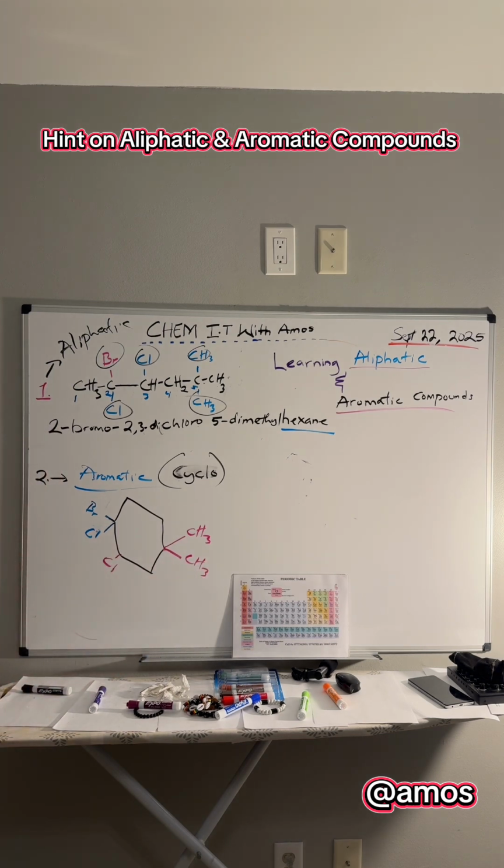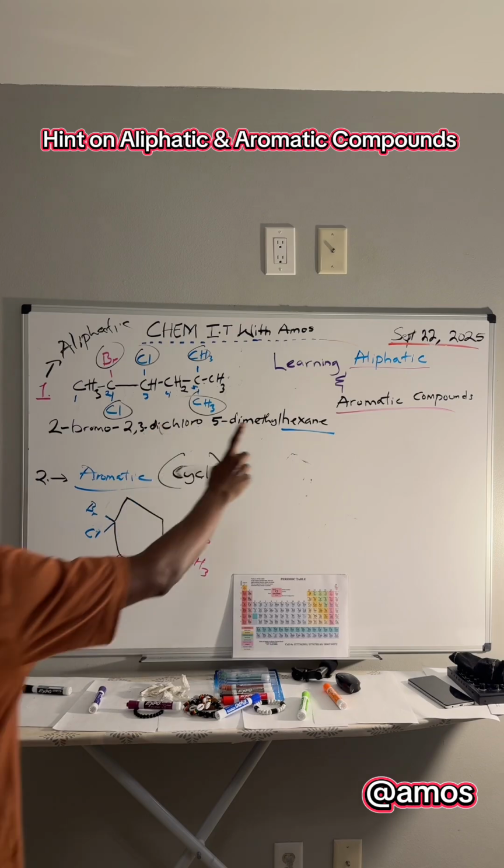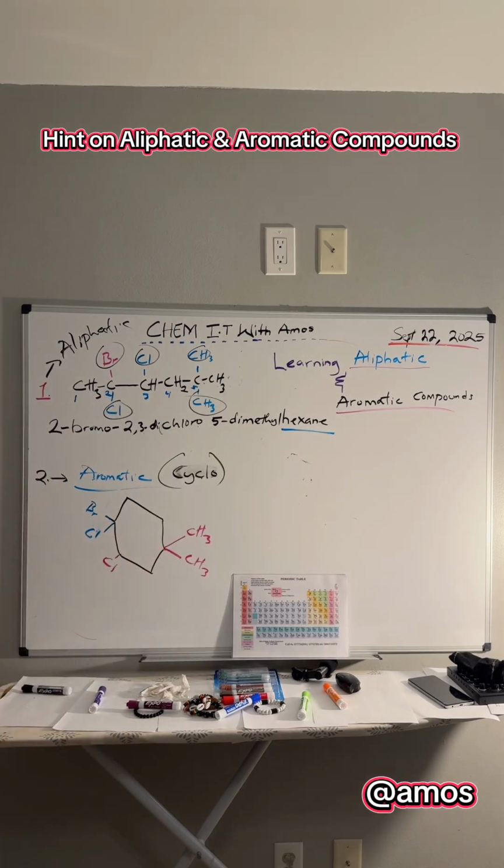So this clearly tells us that this shape here is in a circular form, making it a cyclic compound because it's in a ring form. Whenever it is in a ring form, you call them cyclo because they contain a ring. But if it's not in a ring form, you don't have to put cyclo there.